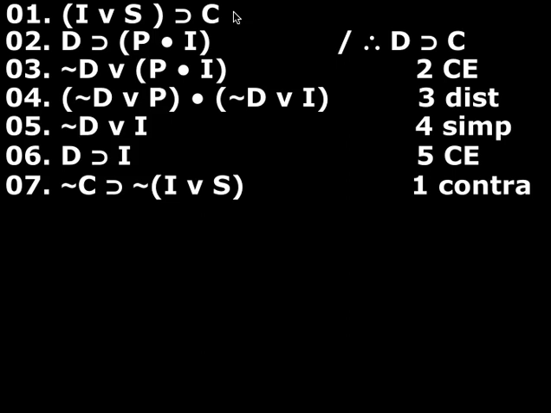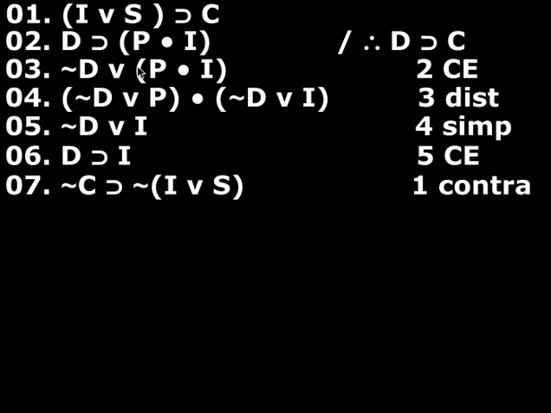First thing I'm going to do is contraposition. I'm going to move the consequent to the beginning, antecedent to the end. If I do that, I have to negate both of them. So C becomes not C, I or S becomes not I or S. Next, just to show you where I'm going, I'm going to do another distribution.